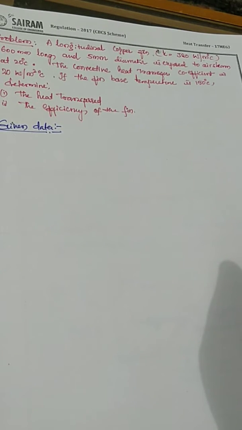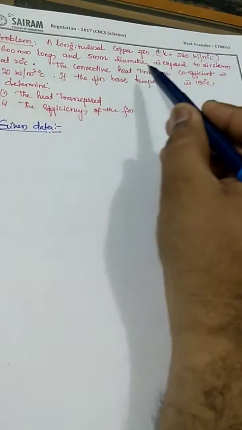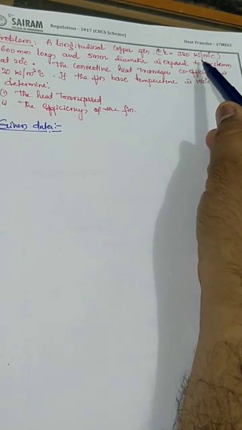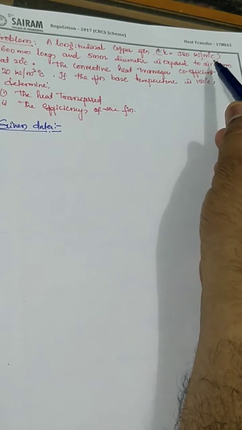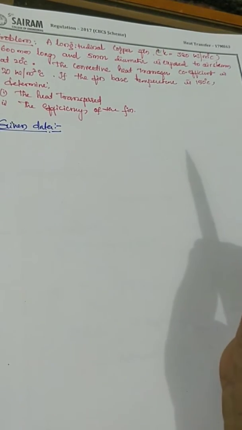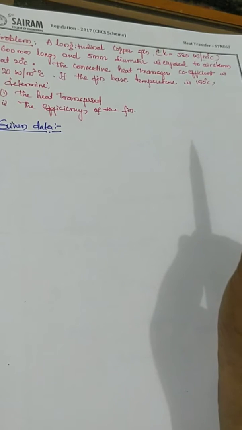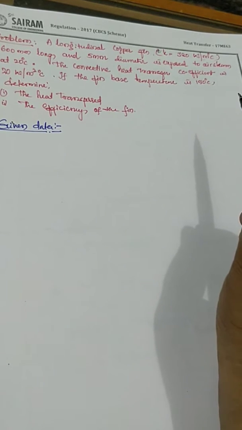A longitudinal copper fin of thermal conductivity 380 watt per meter degree centigrade, 600 mm long and 5 mm diameter, is exposed to an air stream at 20 degree centigrade.